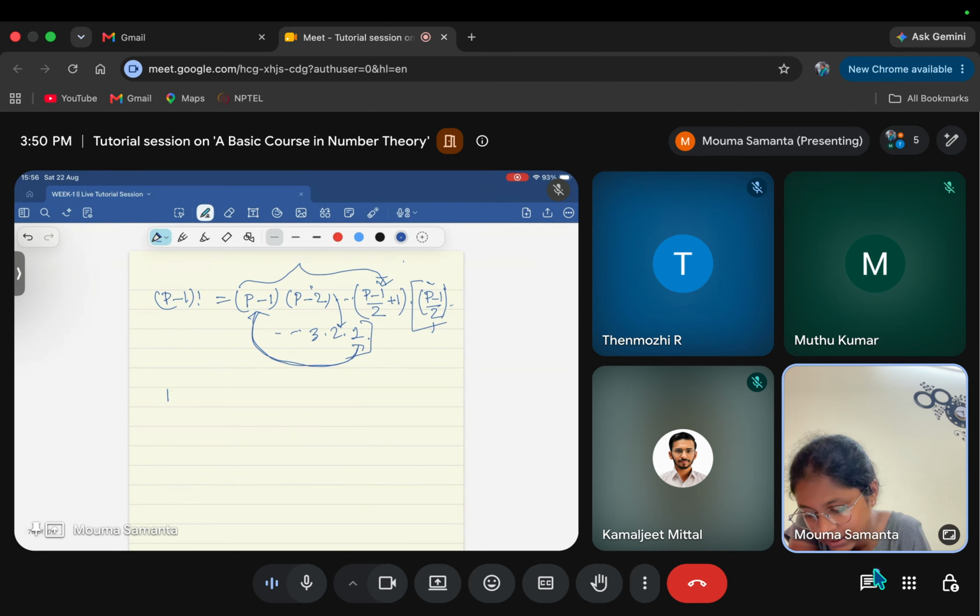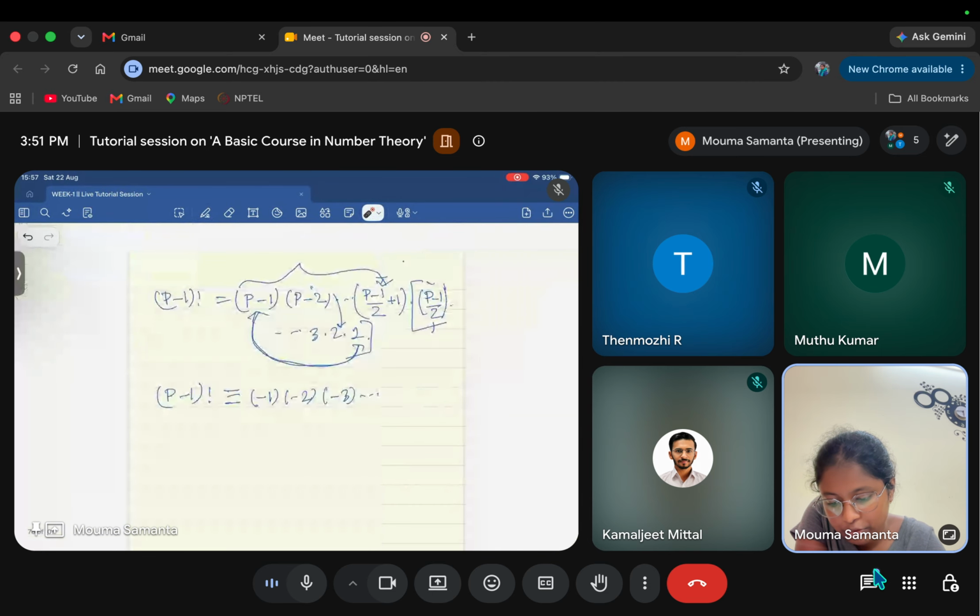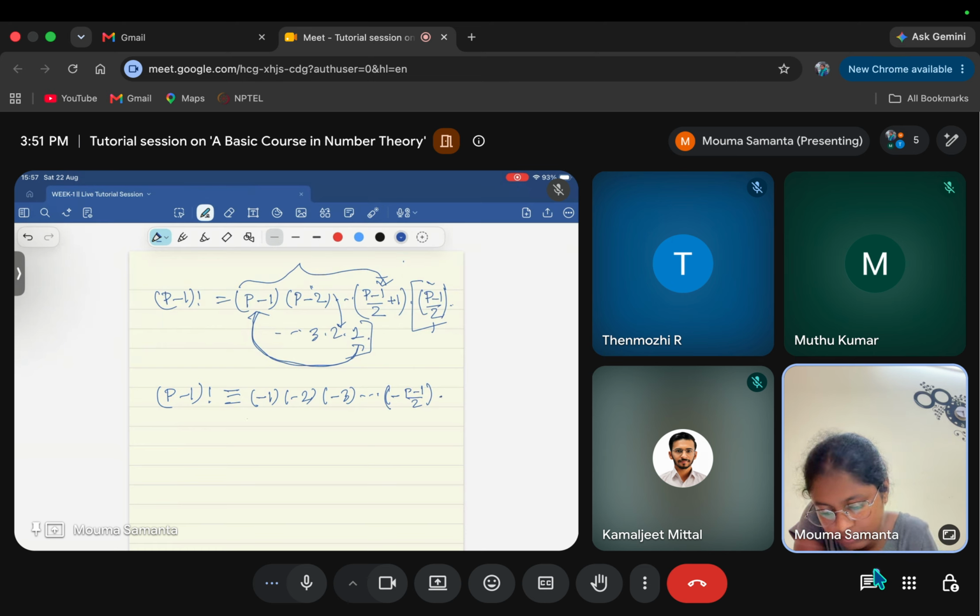So we get (p minus 1) factorial congruent to, say, first p minus 1 that was congruent to minus 1, p minus 2 was congruent to minus 2, p minus 3 congruent to minus 3, then (p minus 1)/2 plus 1 is congruent to minus (p minus 1)/2. So up to this term we are getting it congruent to minus (p minus 1)/2, and also we have the second part, (p minus 1)/2, written as it is up to 3 into 2 into 1.